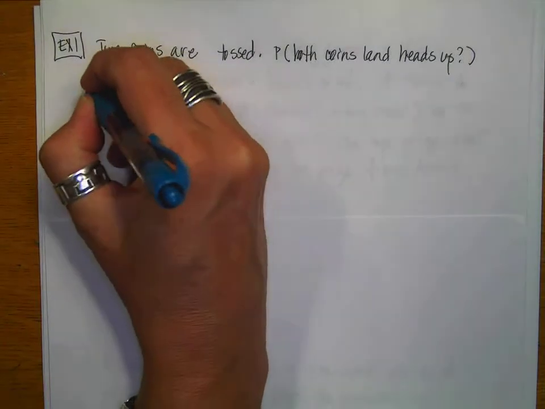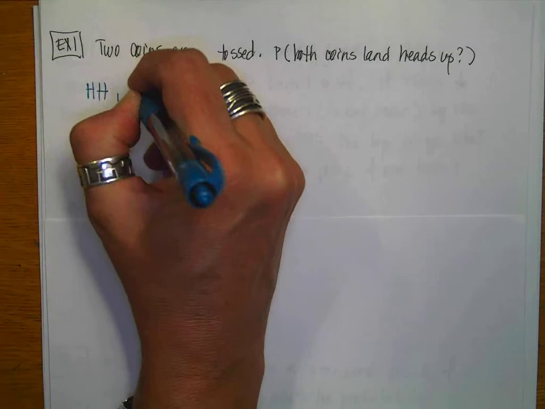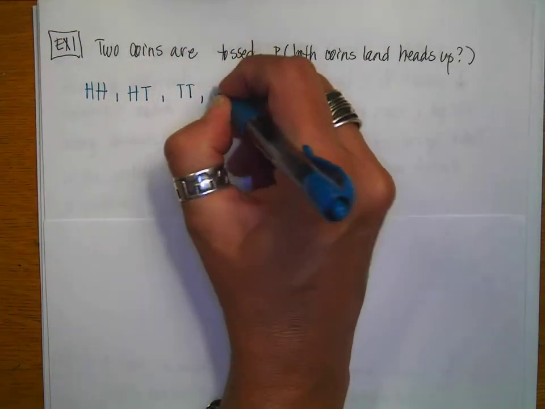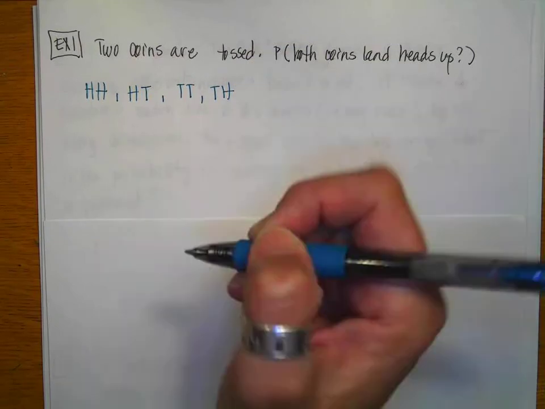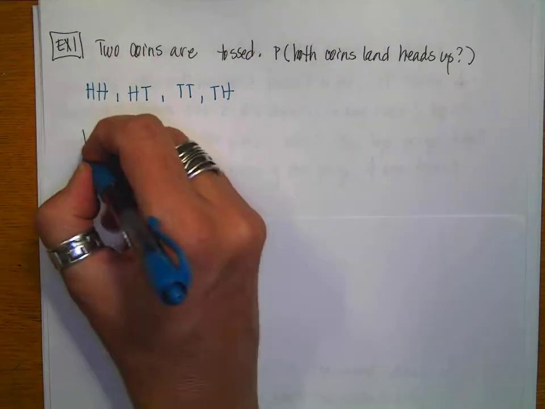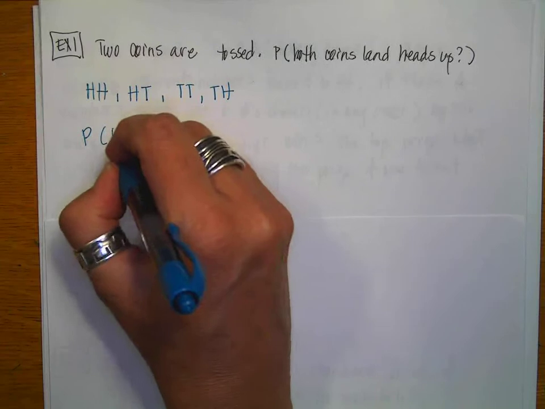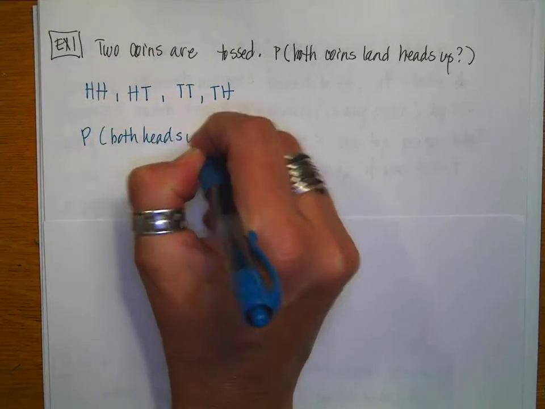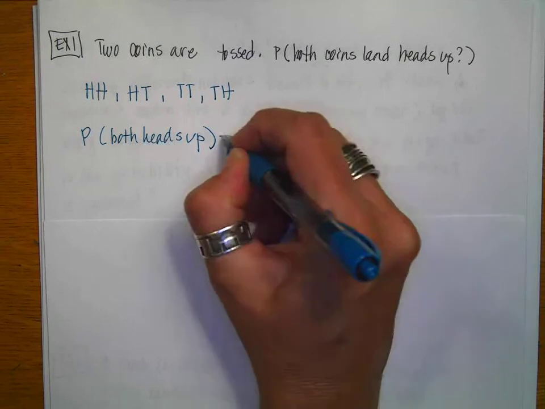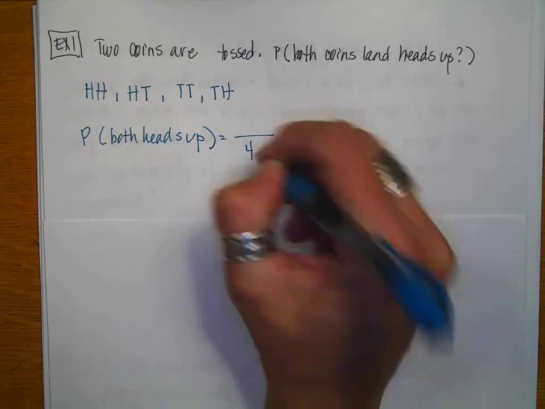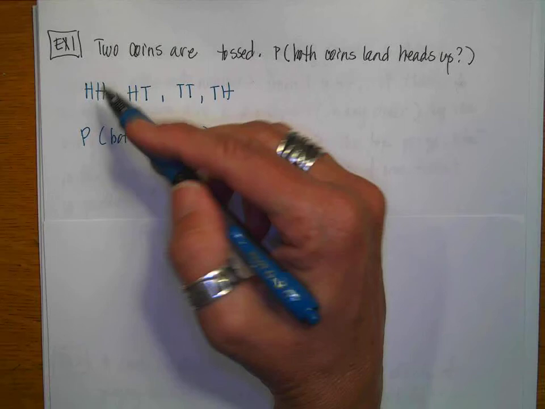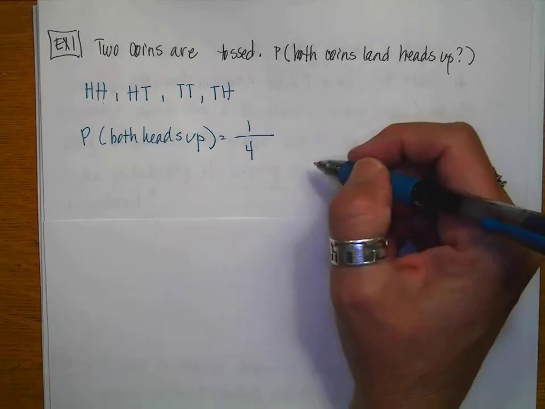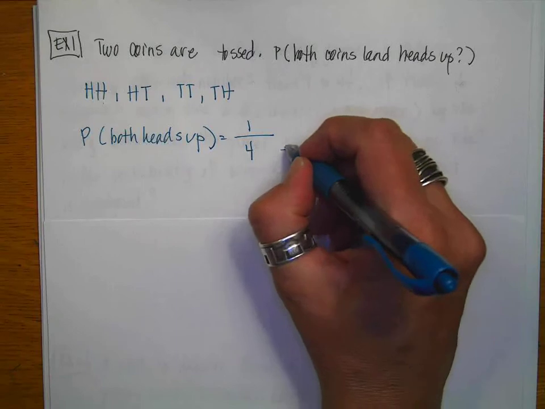When I toss coins, I could get a heads and a heads, a tails and a tails, or a tail and a head. So then my probability that they are both heads up, okay, so the total number is there are 4 possible outcomes and there's only one where they're both heads, so the probability is going to be 1 out of 4.